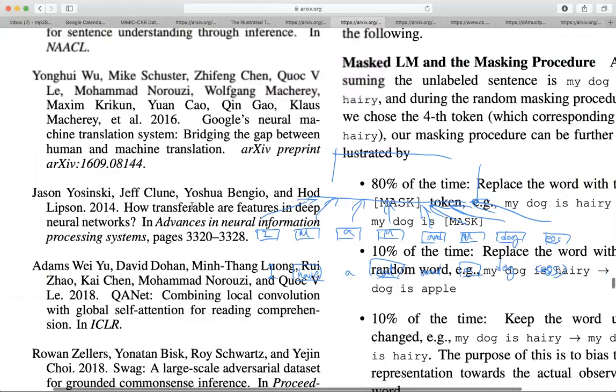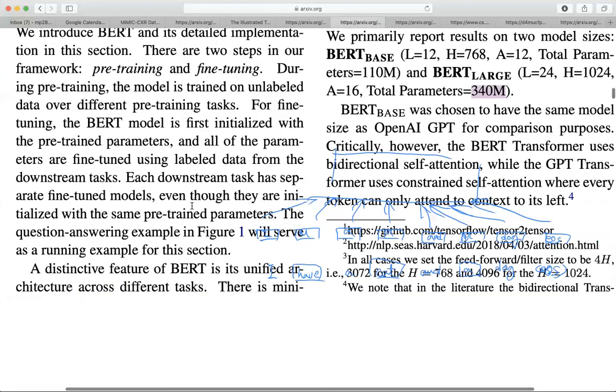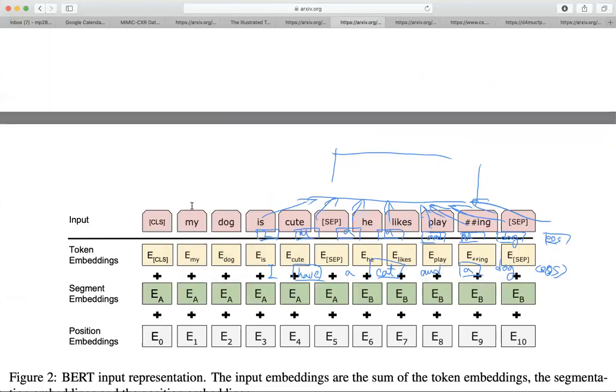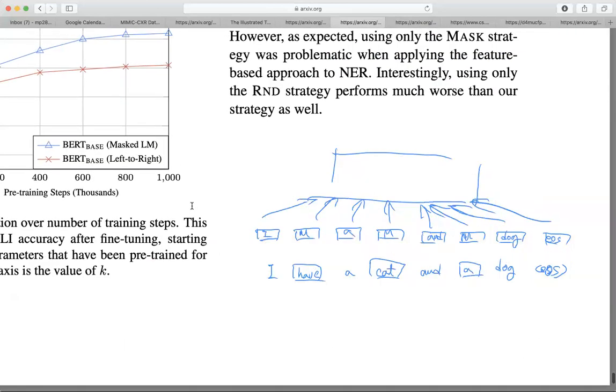I guess they don't explicitly tell. All right, let's forget about it. Let's say 12 blocks.